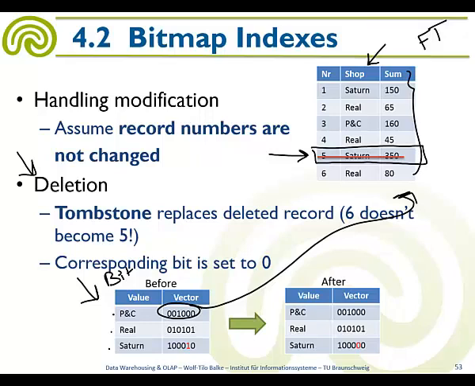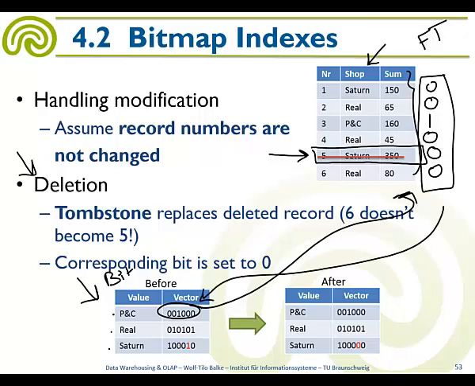So Peek and Kloppenberg, the sales here, no, it's Zatron, it's from Real. Yes, it was from our shop. It was from Real, it was from Zatron, it was from Real. And this is exactly the representation that is here: 001 000 001 000. So this says there was in the fact table, when you're looking for sales for Peek and Kloppenberg, the only thing that you need to do now is look at the bit vector.